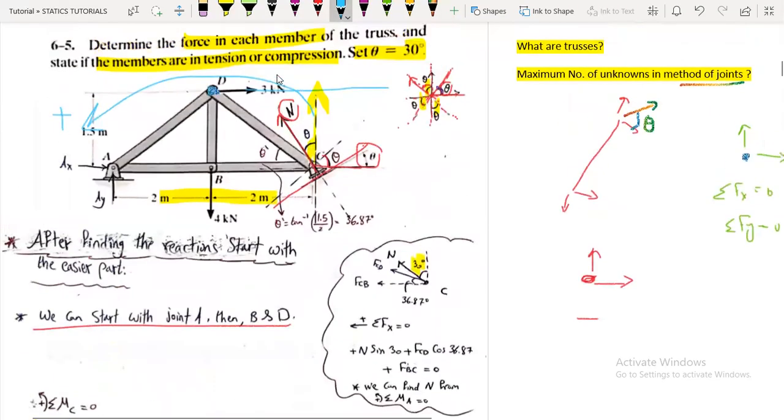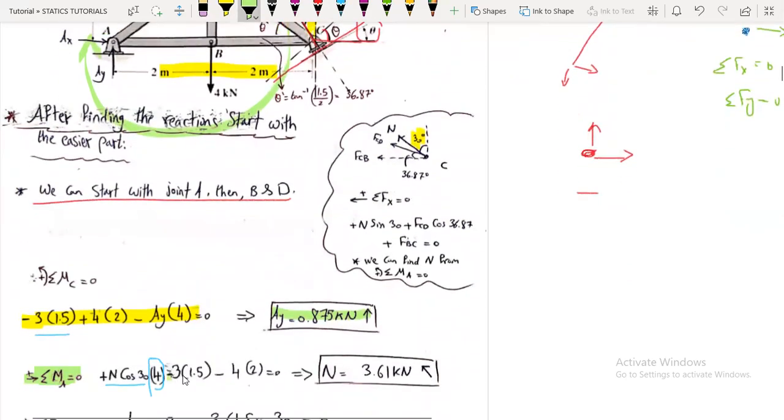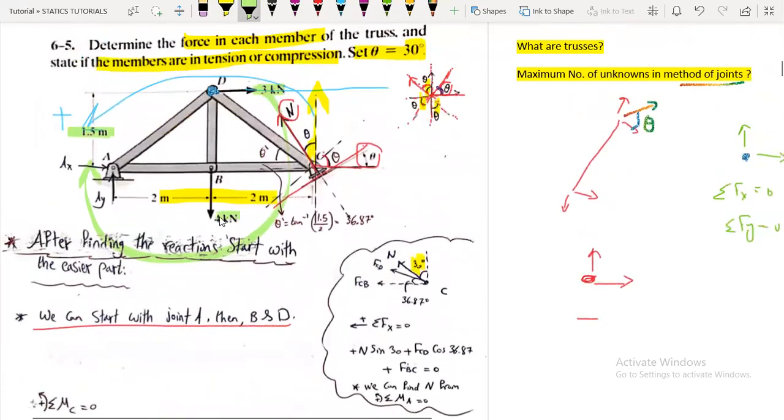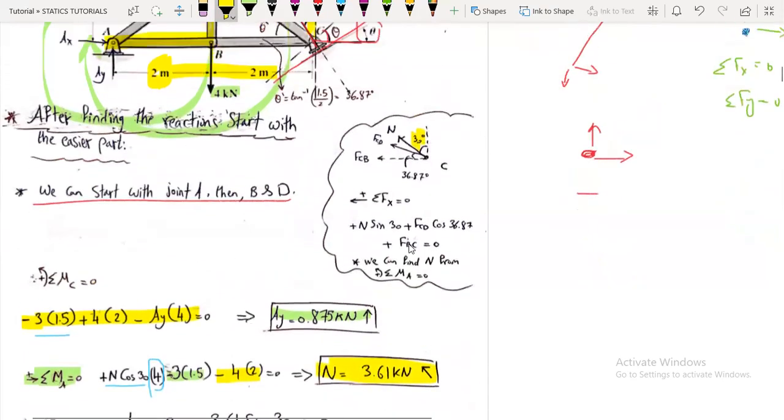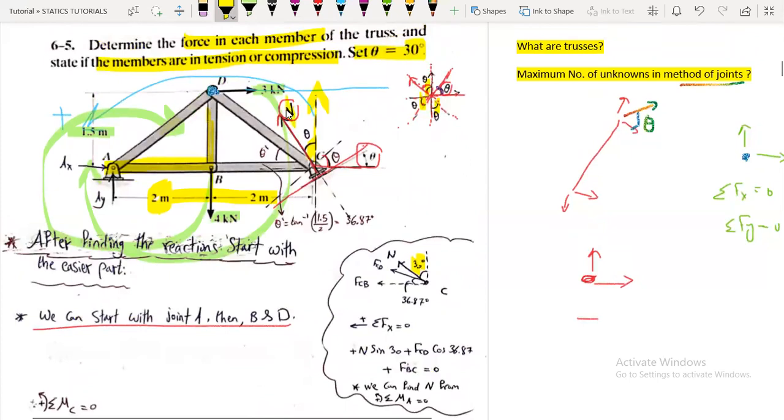Now regarding this force, 3 kilonewtons, the distance is 1.5, and it's rotating clockwise, so it is negative: minus 3 multiplied by 1.5. And finally, this force is also rotating clockwise, and the distance from the force to the point is 2 meters. So minus 4 times 2 equals 0, we will get N to be 3.61 kilonewtons, in this direction.